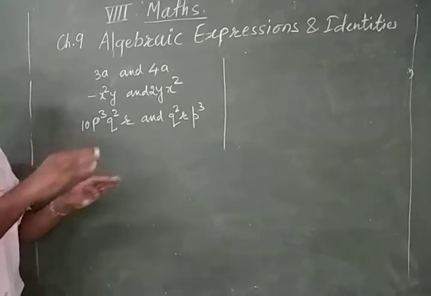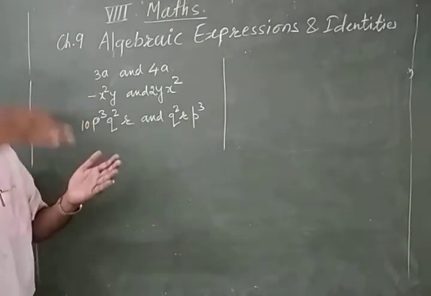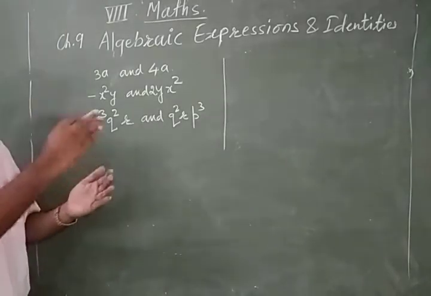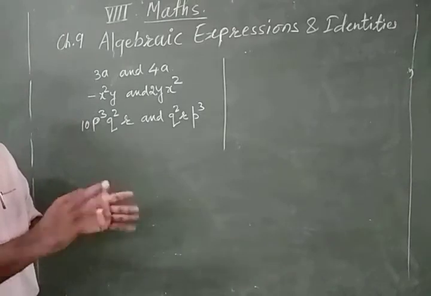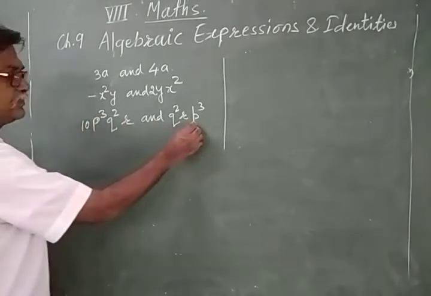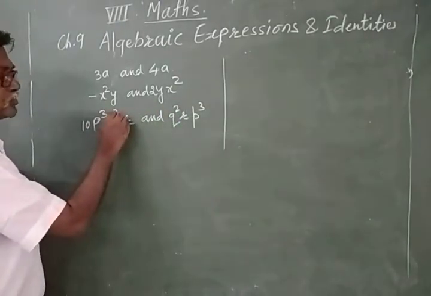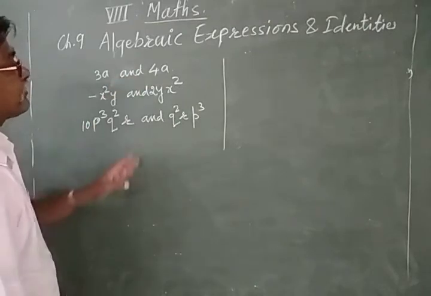We can write a into b into c as b into c into a, or a into c into b, or a into b is equal to b into a, or whatever may be. But the product is the same. Power of p is 3. Power of q is 2. R is 1.